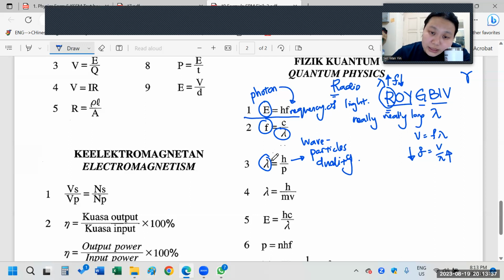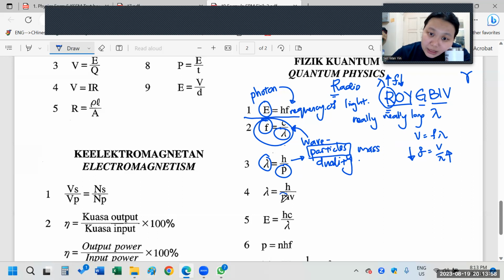Okay, so we say that since it has particles, this formula is for wave. Since it has particles, particles have mass and are traveling at a speed.